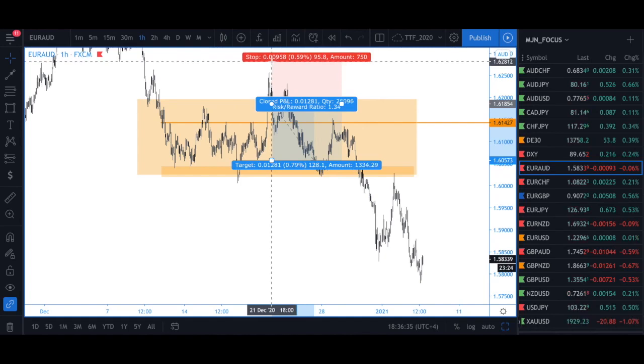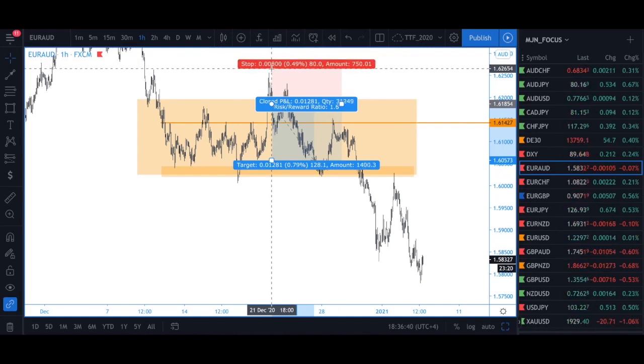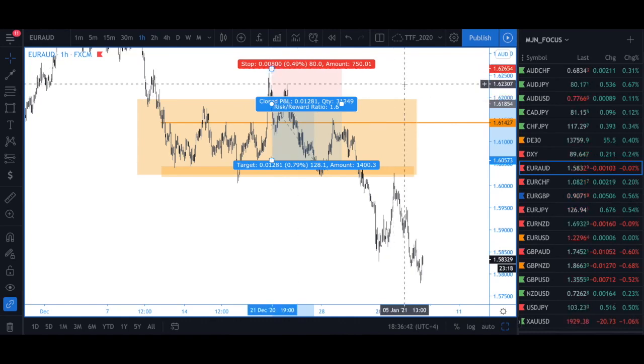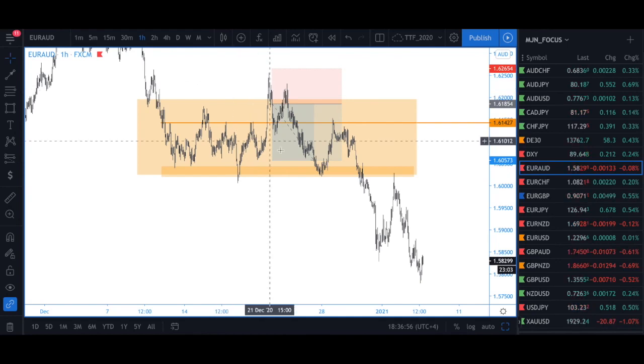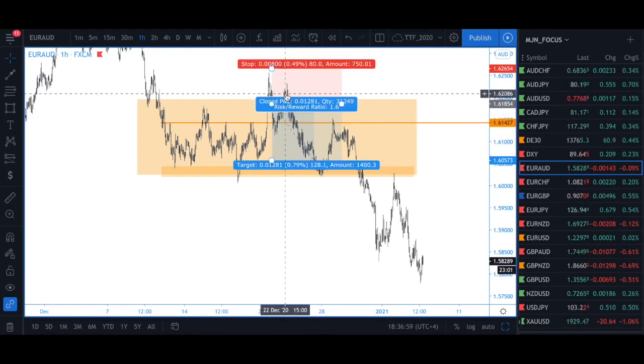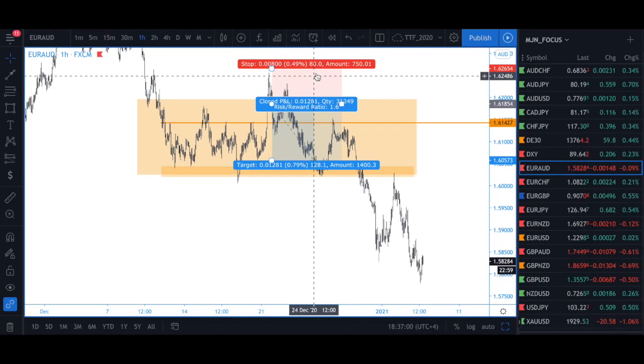Depending on how risky you want to be, you could then place your stop, say just above this level over here, which would be just over there. So that's how you would set your stop loss, because if it now breaks above this level once again, that would invalidate that trade, and it would show that the breakout actually wasn't a fake out, it's a genuine breakout, and the market is now potentially going to move in an uptrend.